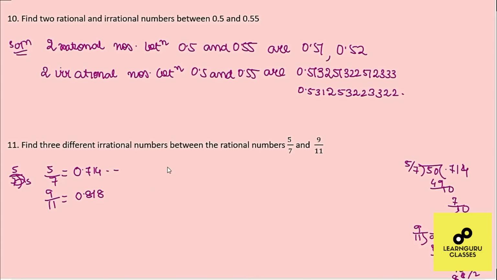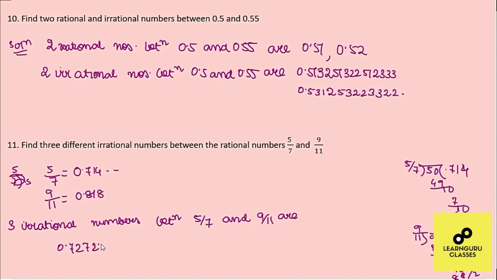So three irrational numbers between 5/7 and 9/11 are 0.72, 722, 722. Okay, in this way it will follow.